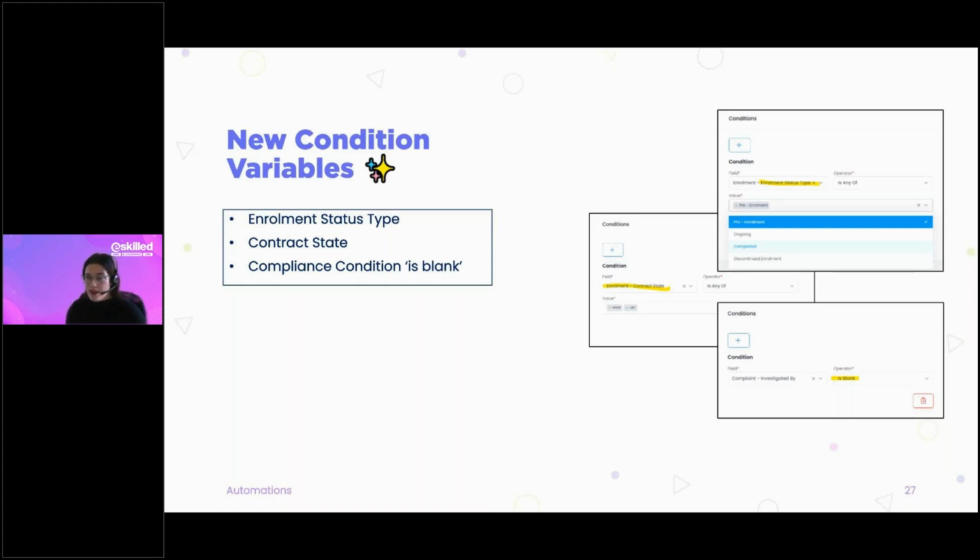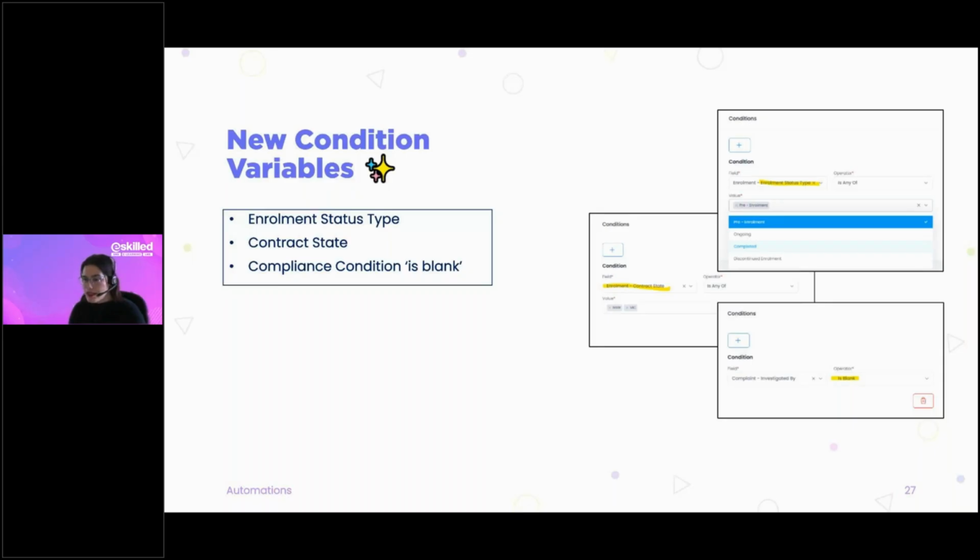You can do that easily with one condition instead of having to select everyone who is application received, application approved, pending commencement. You have to select 3 or 4 different statuses to target anyone in that broader pre-enrollment category. So we've opened that up as a condition option to make that a little more simple.